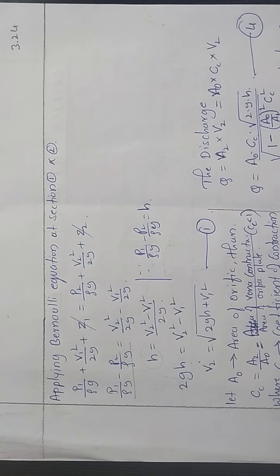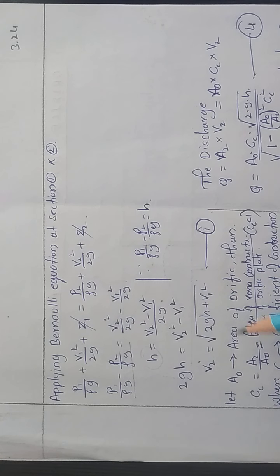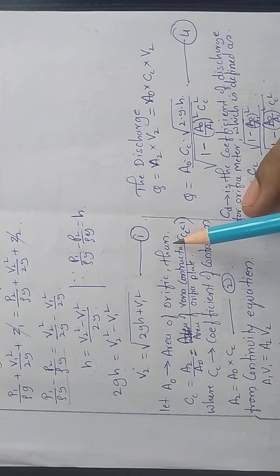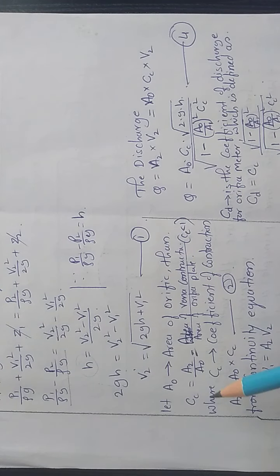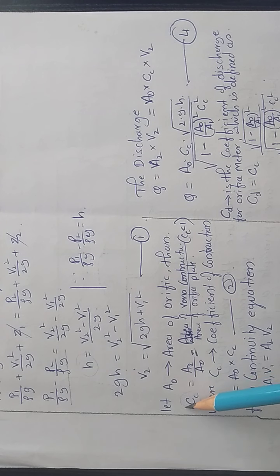Now let us take A0 equal to the area of the orifice. Here we'll get a new term, which is nothing but the coefficient of contraction, Cc. What is this coefficient of contraction?